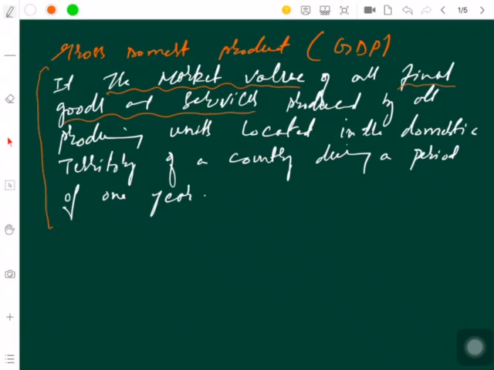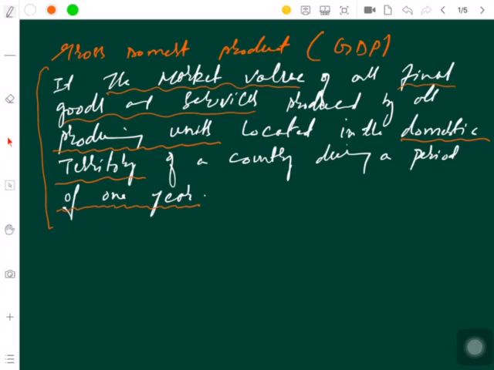It is the market value of all final goods and services produced by producing units which are located in the domestic territory of a country during a period of 1 year, because national income is calculated for a year, so time period is important here.